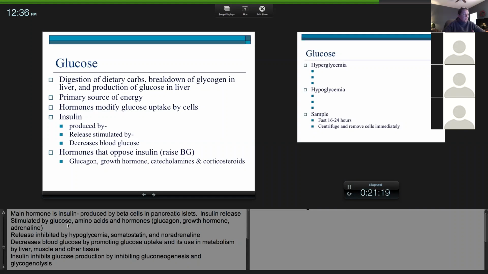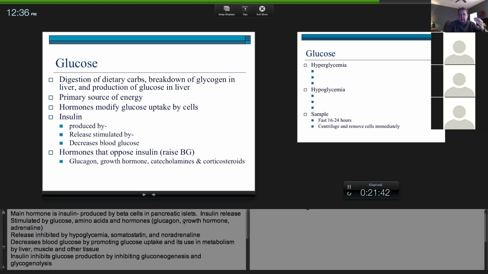And when insulin is released, it's stimulated by glucose and amino acids.